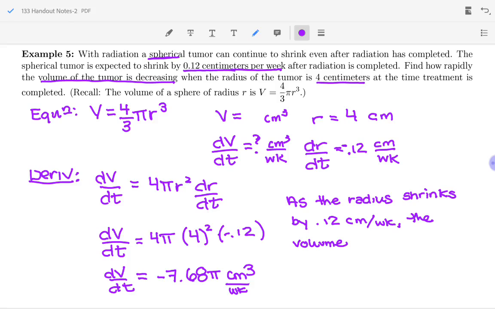Does the volume of the tumor increase or decrease? We would say it decreases or shrinks. Maybe say it decreases for this one. The volume decreases by 7.68 cubic centimeters per week, which is great. The tumor is shrinking as the radius is shrinking.